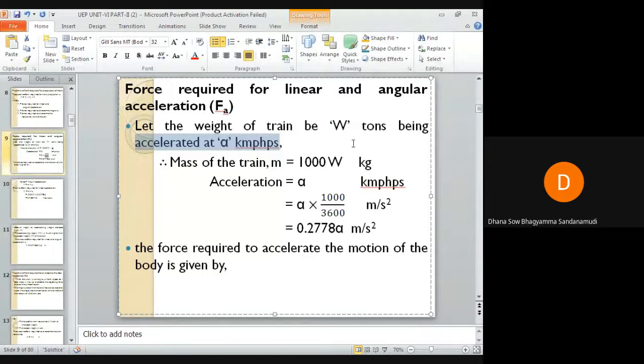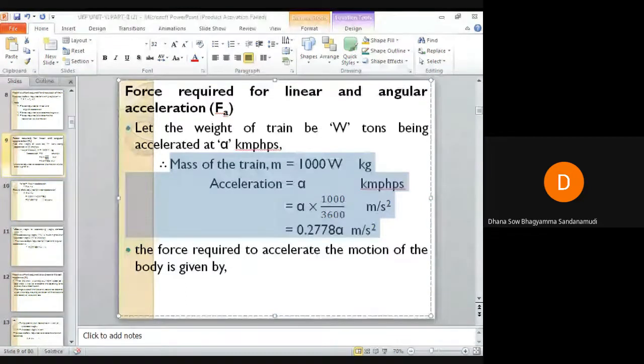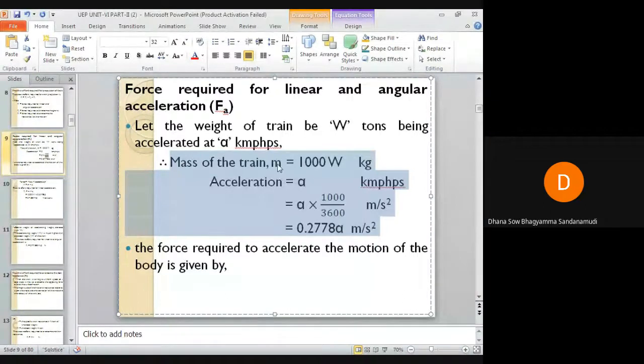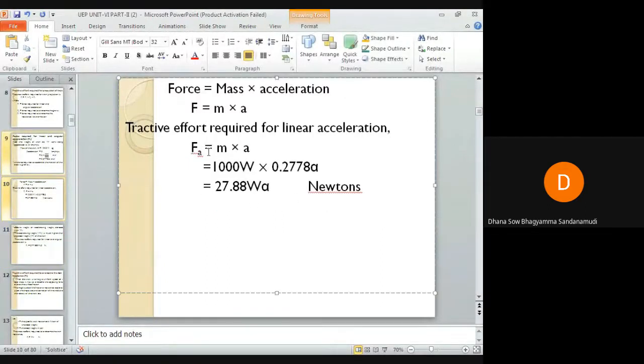After writing that, write down this. After writing these expressions, now write down this: Fa is equal to.